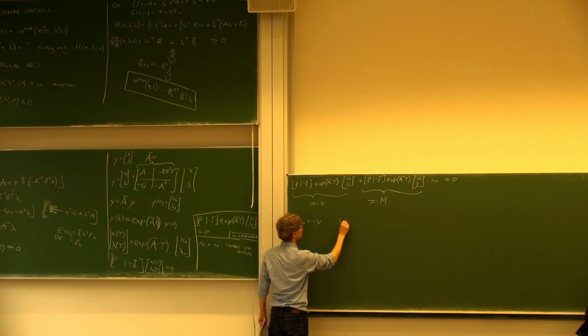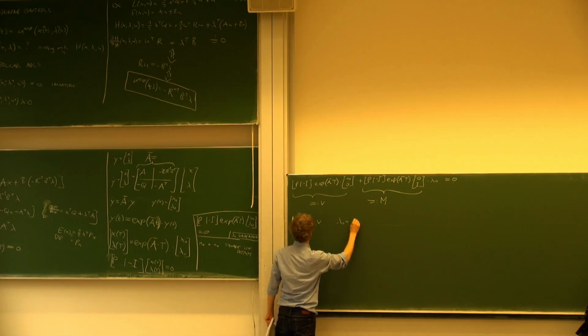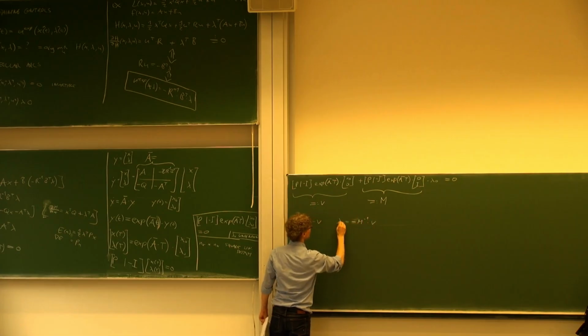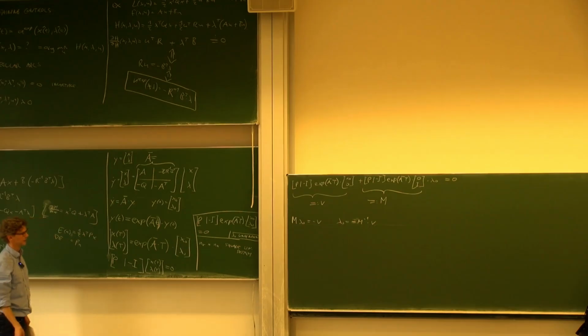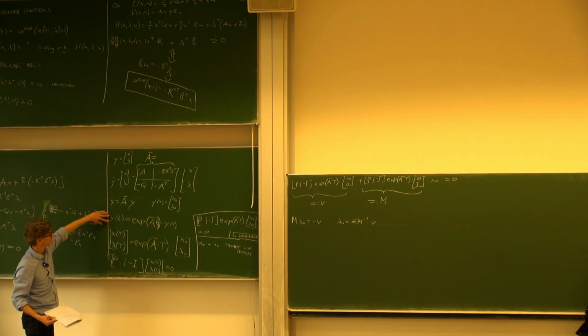So I see lambda 0 equal to minus M to the minus 1 times V. This way I have solved for my initial lambda 0, and then with this lambda 0 I could get in principle the whole trajectories by this forward exponential expression.